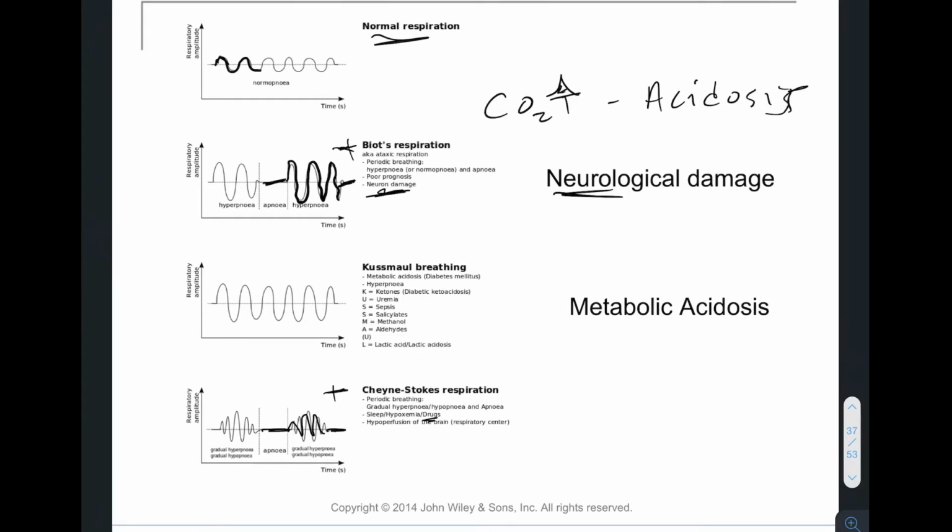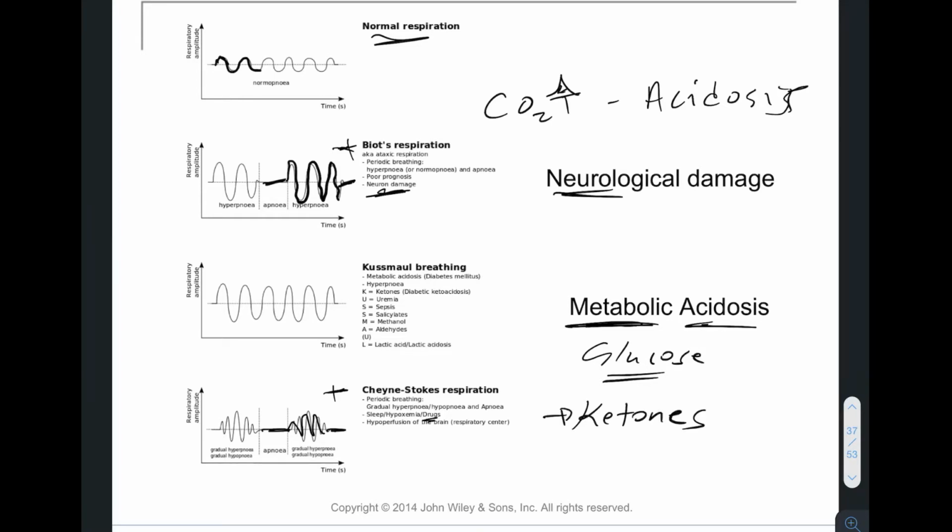One that's very common in diabetics is Kussmaul breathing. The reason why this is common in diabetics is that this is a type of metabolic acidosis where glucose is not able to get metabolized, and so the individual starts metabolizing fats, which leads to ketones.